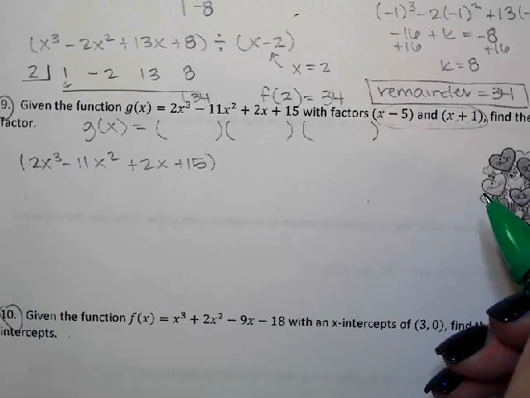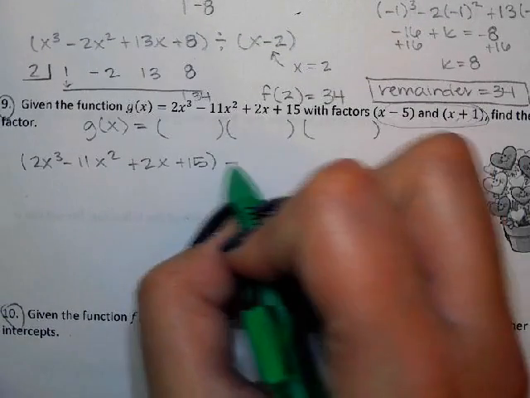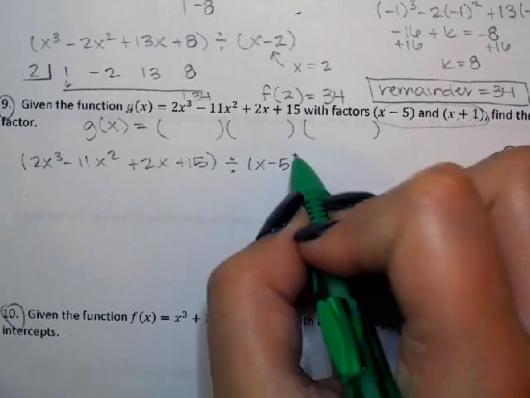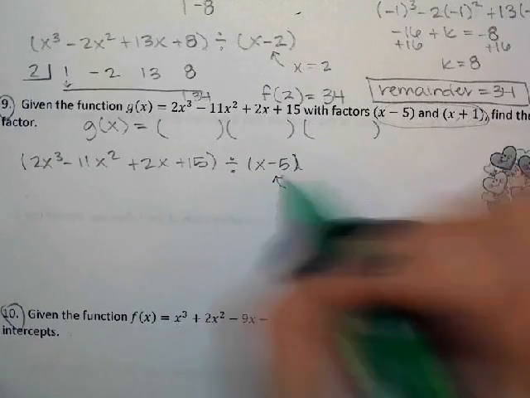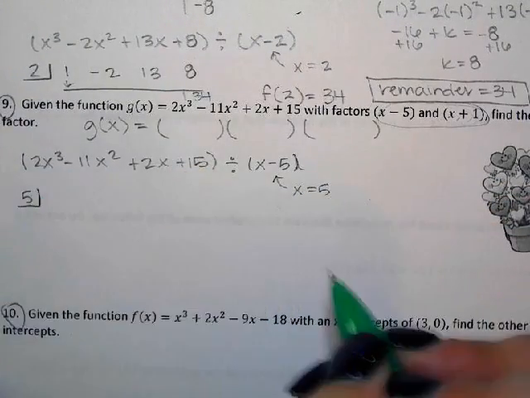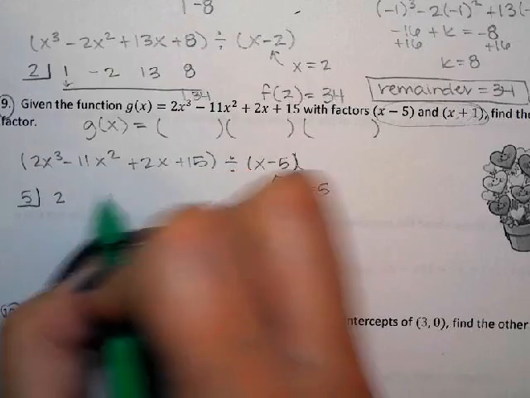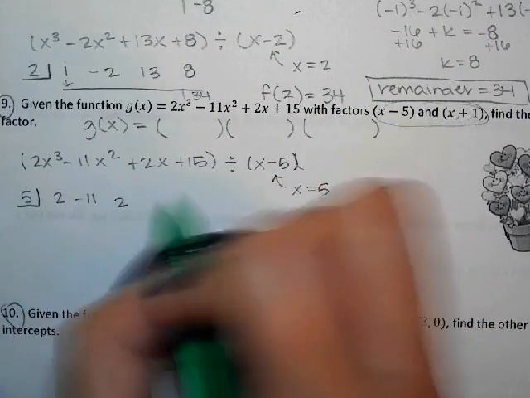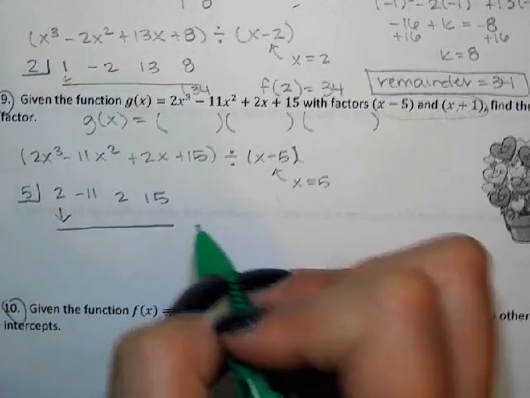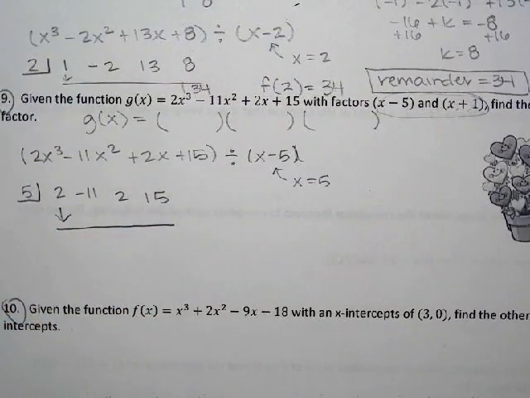Okay, so when we do that for synthetic division, that means the one that we're putting inside is 5. So I put 5 in the box, and then that gave me a 2, a negative 11, a 2, and a 15. And with this, we actually have to do the synthetic division. We can't use the remainder theorem here because we need to know what the answer is. Now, since these are factors, what's the remainder going to be?